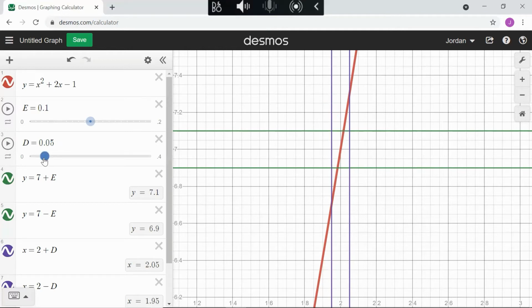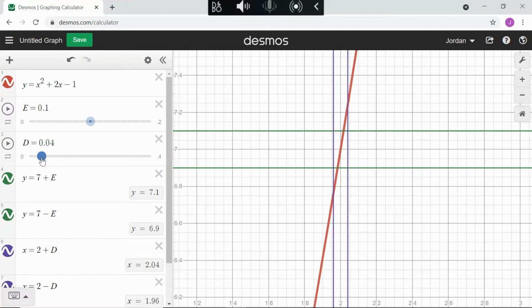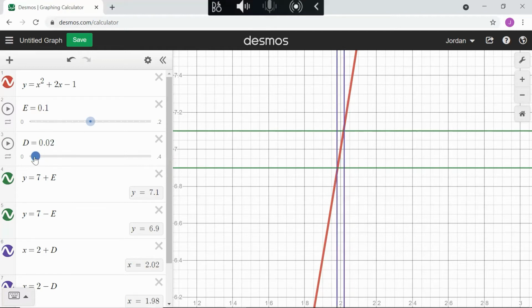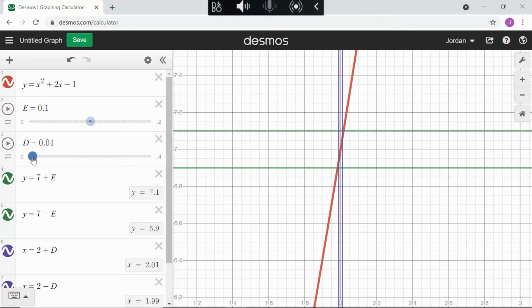But if I start making my delta smaller and smaller, then at some point, in my case, if I let my delta be 0.01, everything inside this purple region, left to right, is also within this green region, bottom to top.